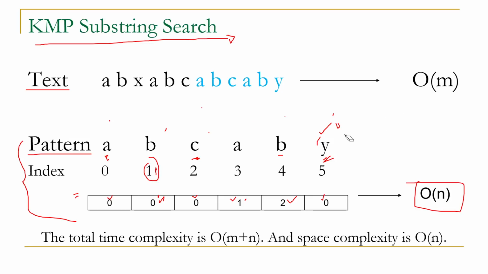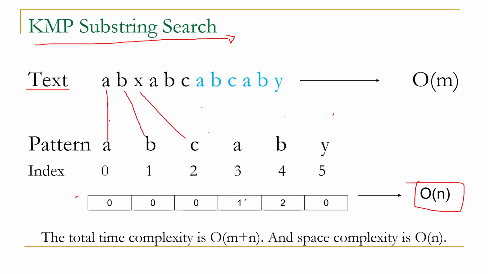Now we have to match the pattern, to check whether the pattern exists in the text or not. Now see, a is a here, matched. Again b is b.